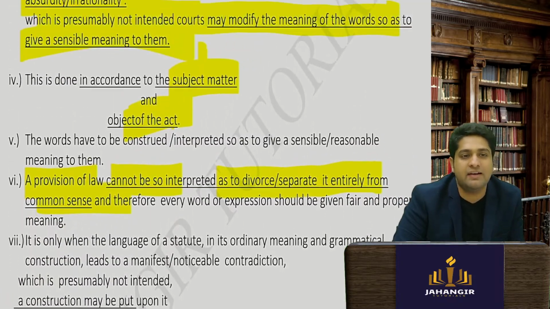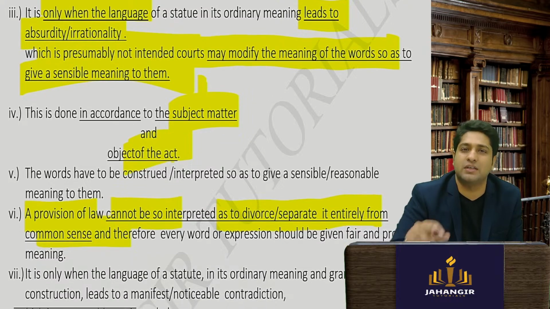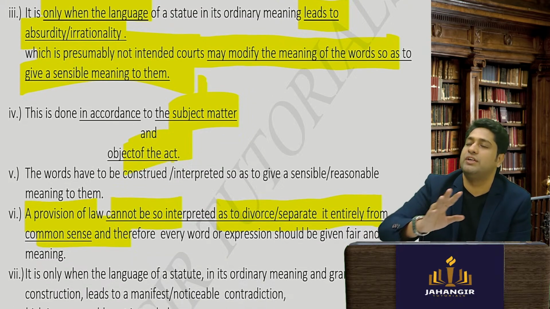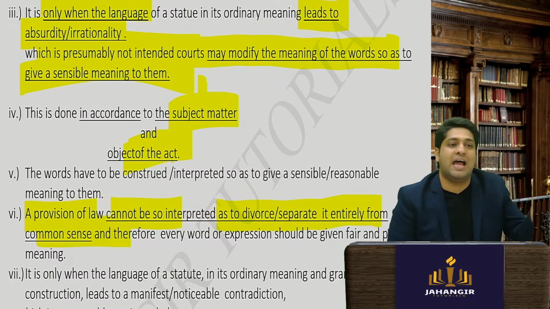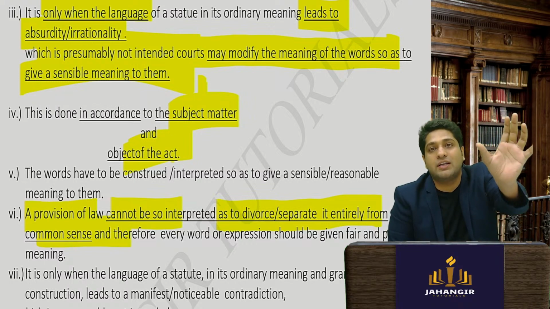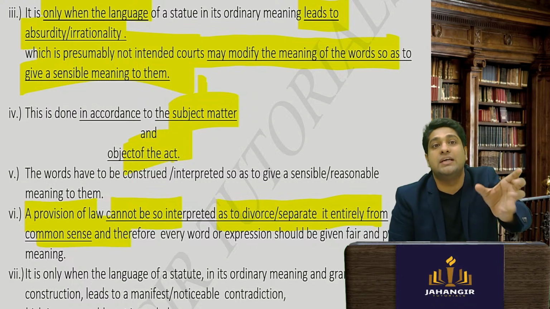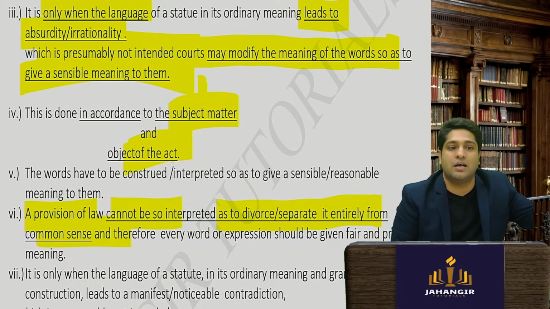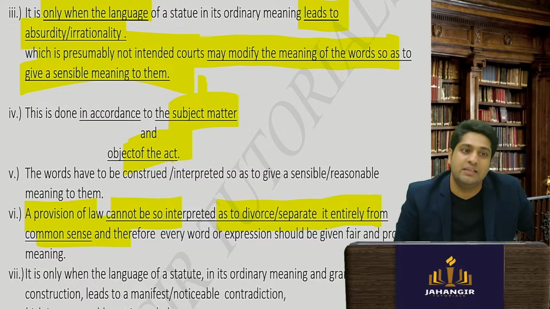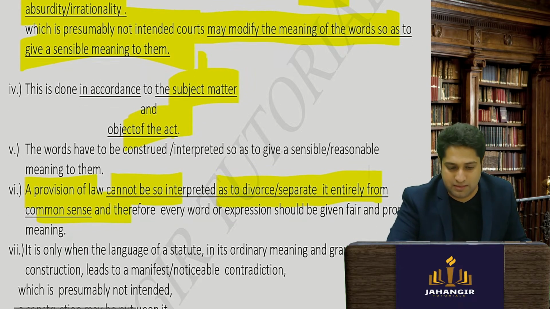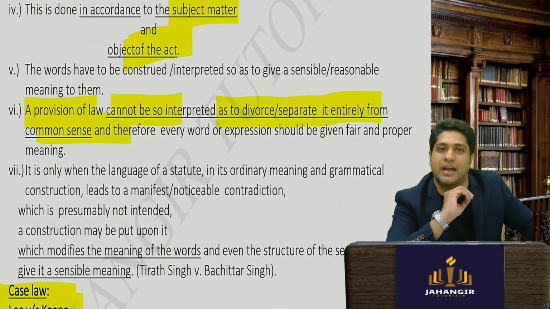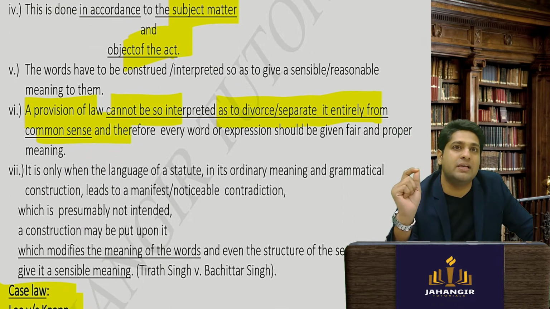Now, should we always depart from the dictionary meaning? So we will write, no, we should not depart. This rule shall apply when the language of the dictionary is leading to absurdity. In such a case, we will depart and give it a sensible meaning. Now this line you can write anywhere, this is a standard rule.